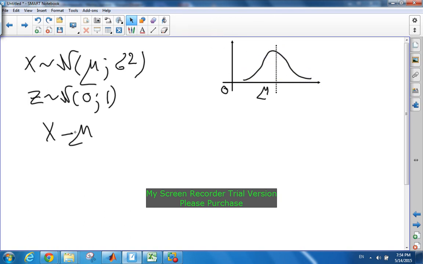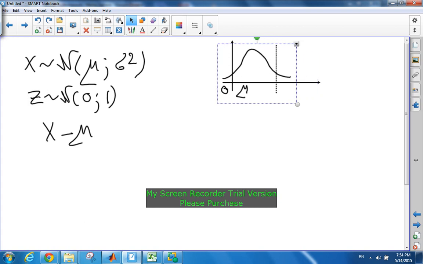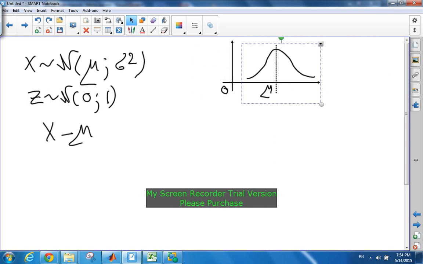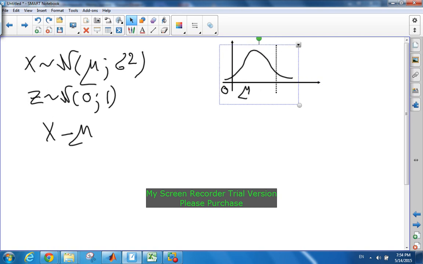The effect of subtracting mu is that you get another random variable, which also has a bell-shaped curve, but now you are shifting it so that the mean is 0. So that's the effect of subtracting mu. So x minus mu has a bell-shaped curve that looks like this.